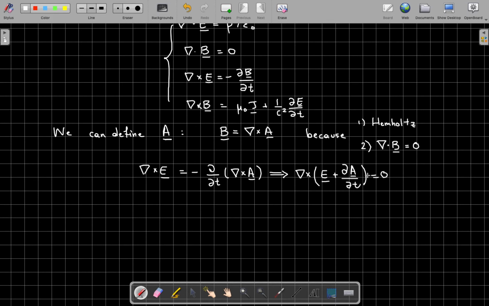Okay, so I found that the curl of a vector field is 0, but that, by the same reasoning as here, tells me that I can always write E plus dA dt as the gradient of a scalar field, phi, where phi is often referred to as the scalar potential.